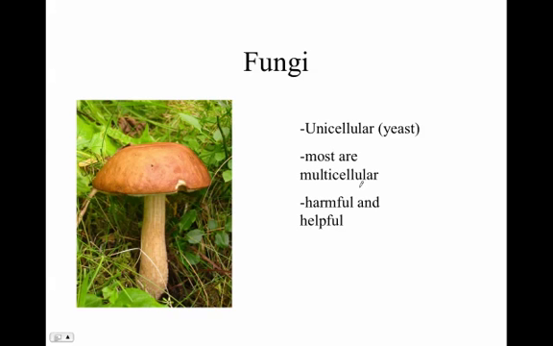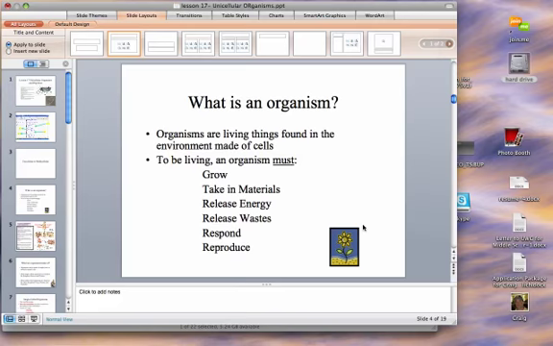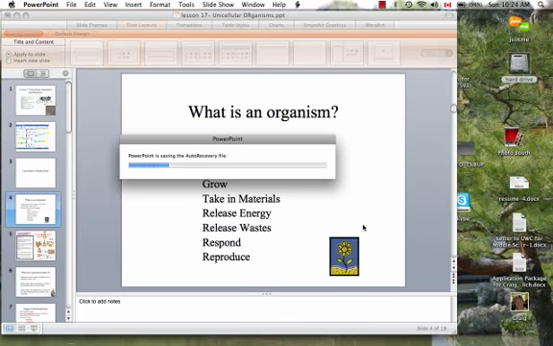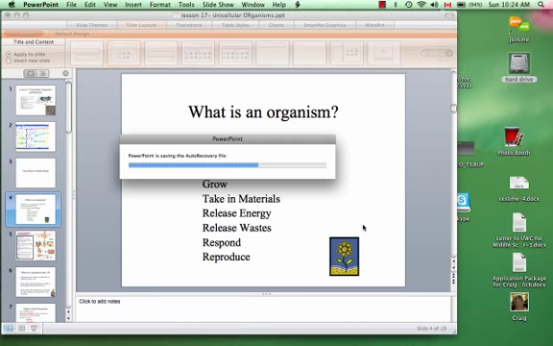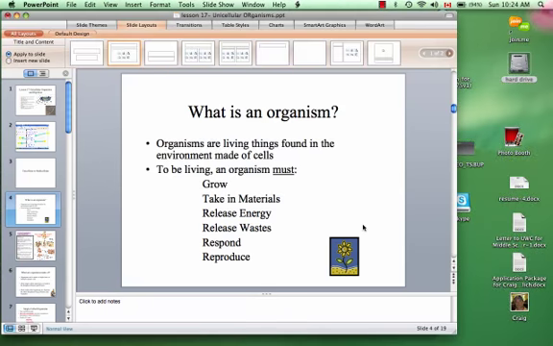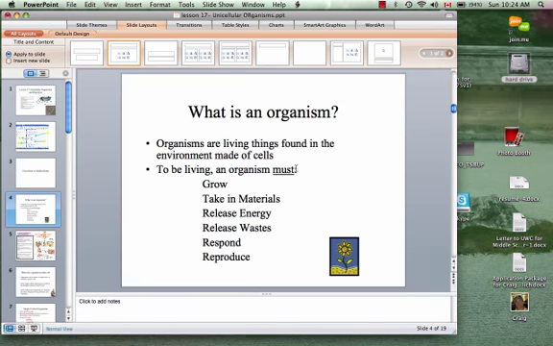And fungi have one unicellular organism in them, and that's yeast. They're eukaryotic though, but most of the fungi are larger, and this is an example. Mushroom are fungi, and they can be harmful or helpful. So that's a quick review of how single-celled organisms and multicellular organisms compare and contrast. As well, you should know some examples.